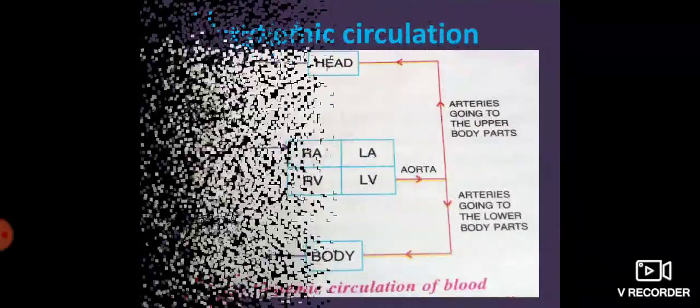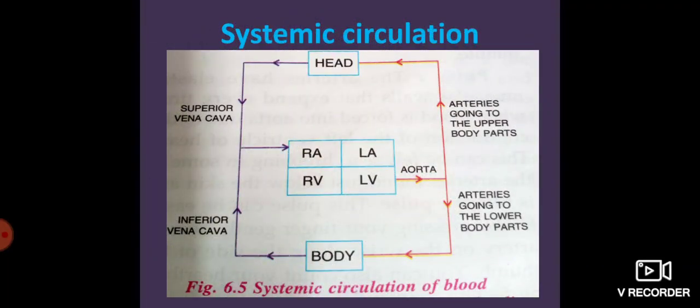The second circuit is the systemic circulation. In this circuit, oxygenated blood from the left side of the heart is distributed to all the body parts except the lungs. The oxygenated blood brought by the pulmonary vein opens into the left auricle, from the left auricle it reaches the left ventricle, and from the left ventricle it is pumped into the aorta.